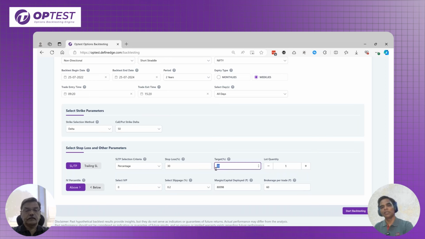So we'll change it to, let's say, 0. And here you can also change the quantity you want to use. Remember, in intraday trading, the returns that you get are very minimal in percentage terms; you will not get more than 1% or so.